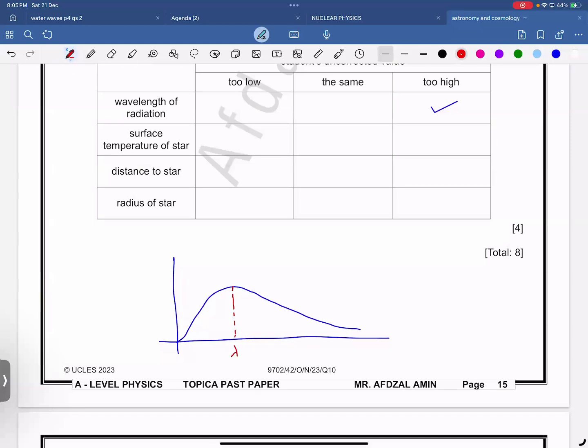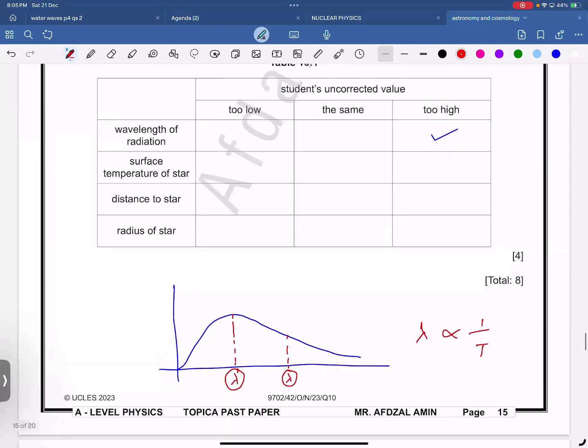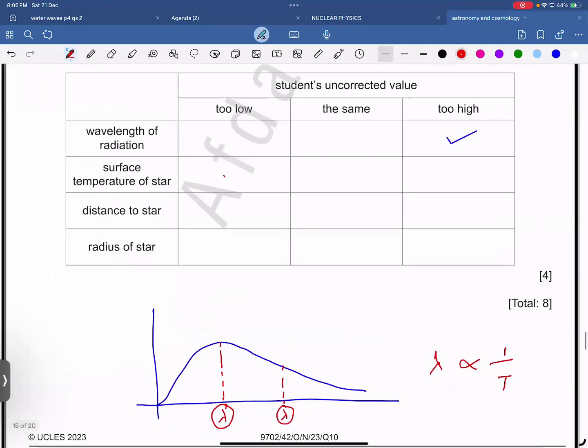Now, you did not detect this one. You detected this wavelength. Is the detected wavelength longer or shorter? It is inversely proportional to surface temperature. So if the wavelength which you detected is longer, the calculated temperature will be what? Less. Now you understand? Clear? Make sense, my dear students?